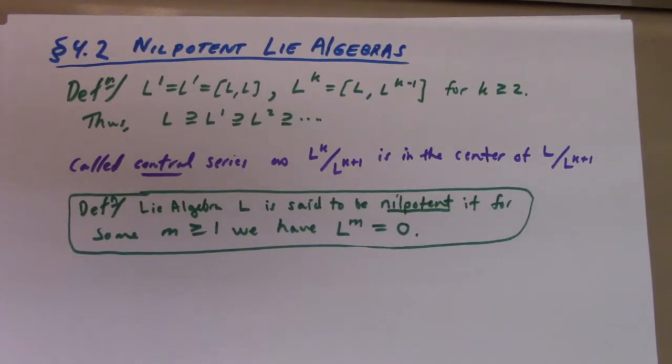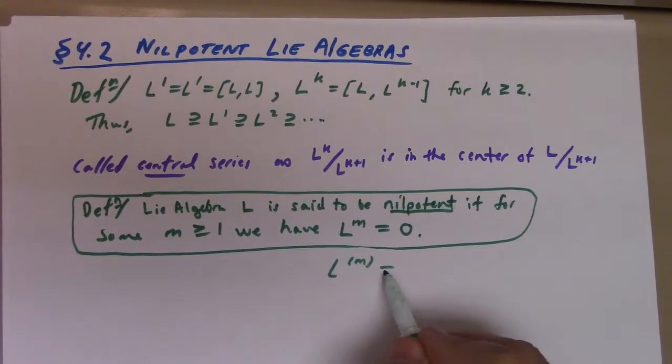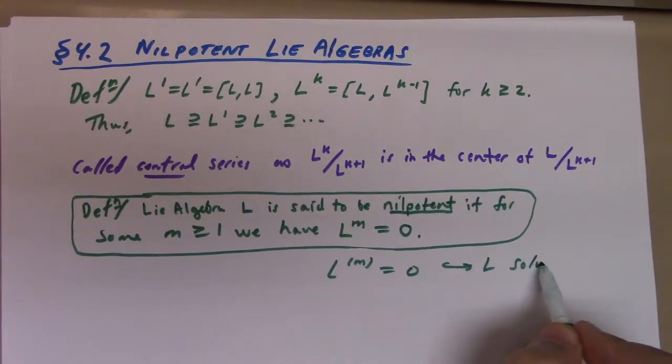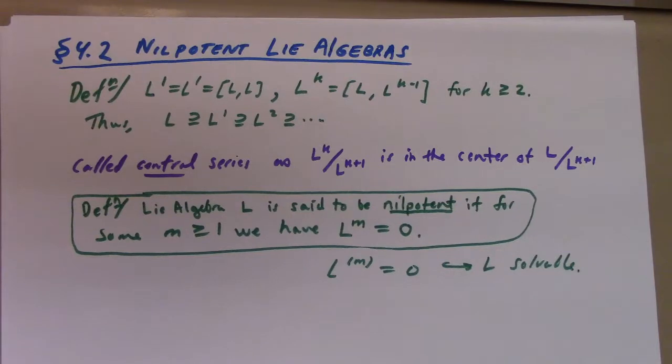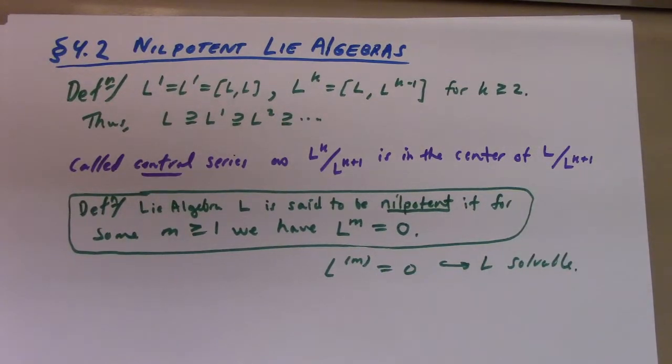What did we define last time? Last time we defined solvable: L parentheses m was equal to 0 for some m. It's useful to have both of these defined in the same place. The solvable series looked a little bit different.